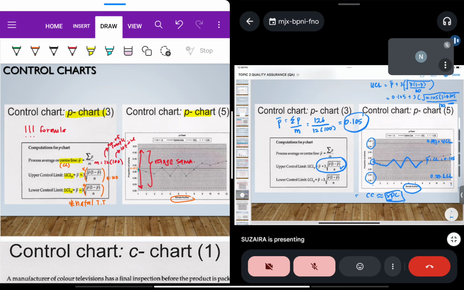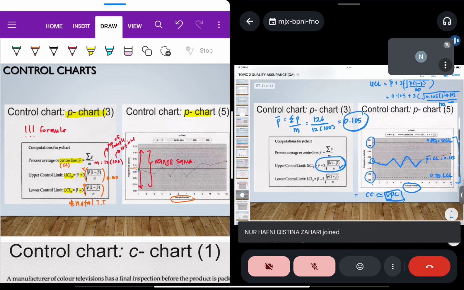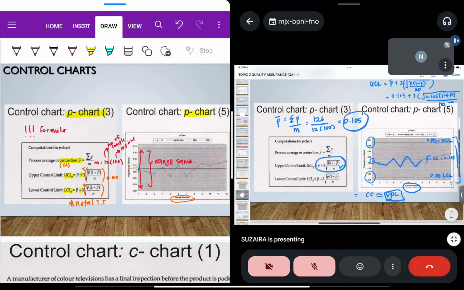For example, if you want to measure the weight, the weighing balance is connected to the computer, so automatically after you weigh, the graph will come up like this. So it is easier for you to monitor the ongoing process. That one will be for the P chart.